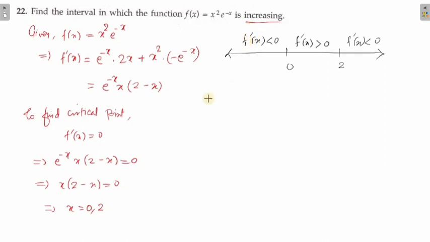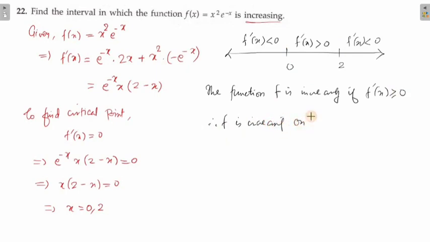The function f is increasing if f dash of x is not only greater but also equal to 0. Since f dash of x is 0 at this point and at this point, therefore f is increasing on this time closed interval. Closed interval from where to where? 0 to 2.